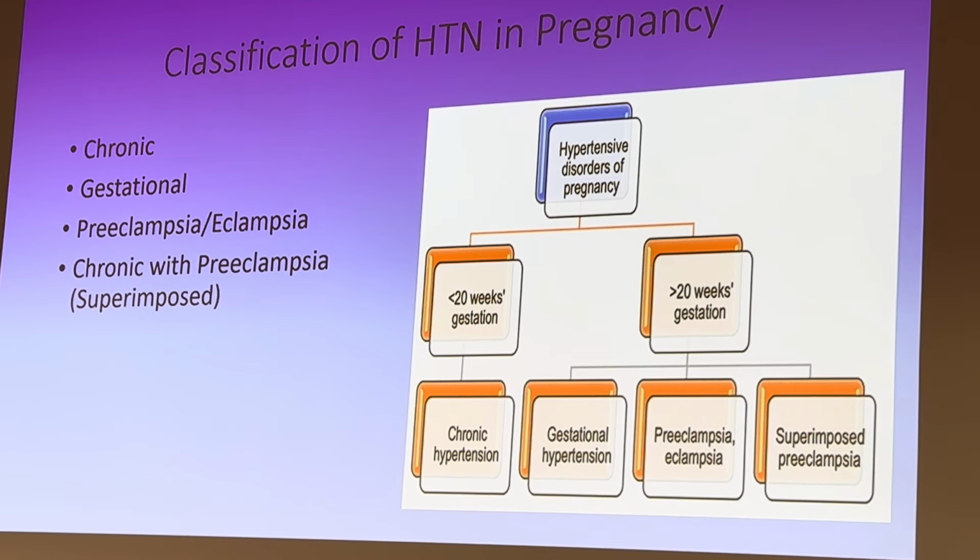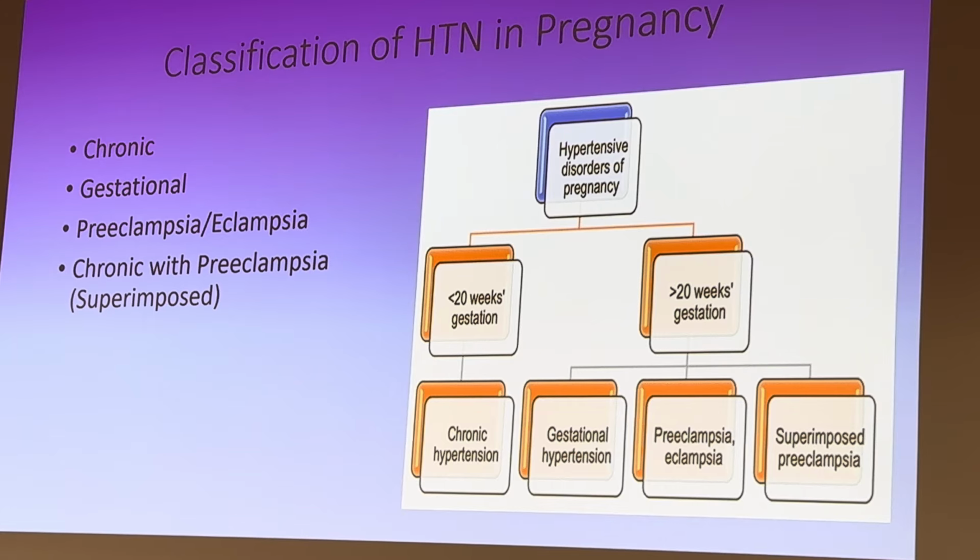Typically, we're having to monitor them pretty closely. Now, usually if your patient has preeclampsia, they're gonna be monitored closely. They may start having them come into the office more frequently or go over to the hospital, especially in that third trimester, and get daily NSTs or weekly NSTs just to make sure everything's looking good with the mom's blood pressure, if she's having any other symptoms, or if the baby is also doing okay.